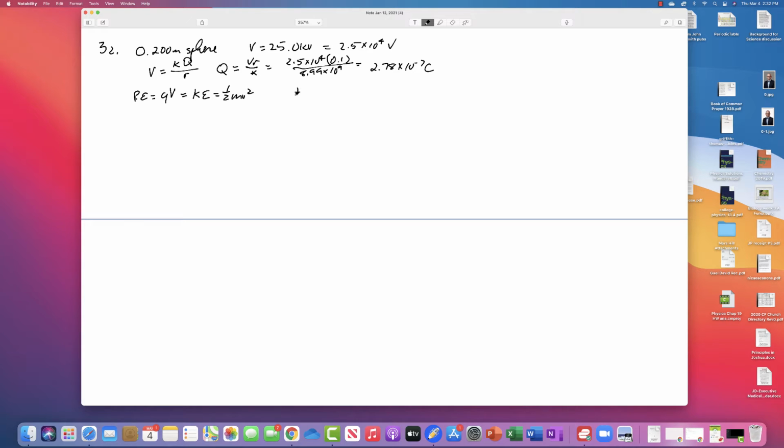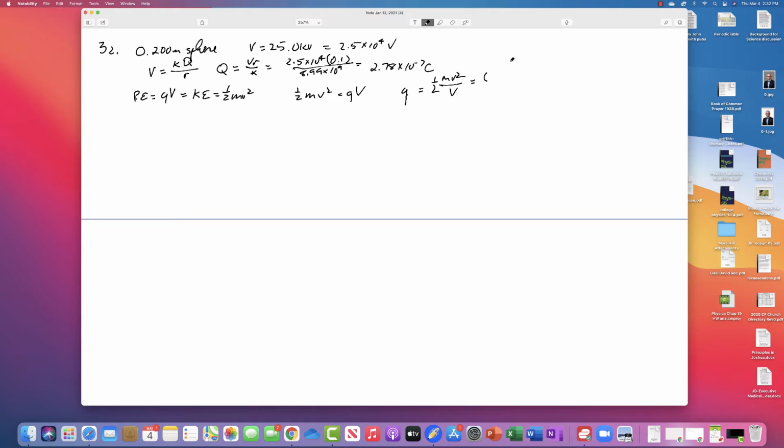And so that means that 1/2 mv squared has to equal QV. And so we want to know Q. So Q is equal to 1/2 mv squared divided by V, where one V is velocity and the other V is voltage. Hope that's not confusing.